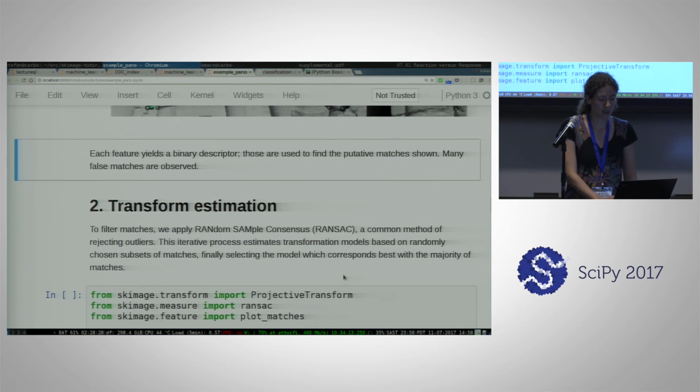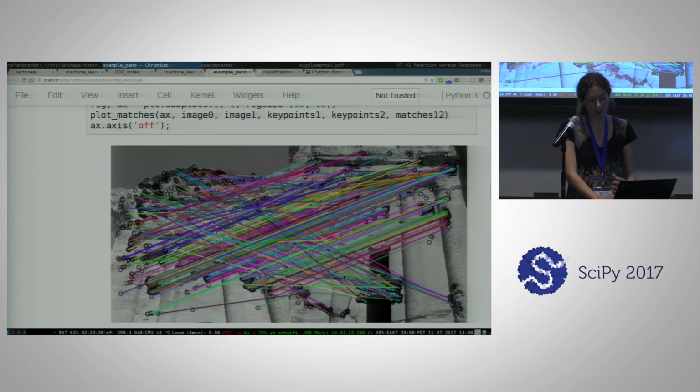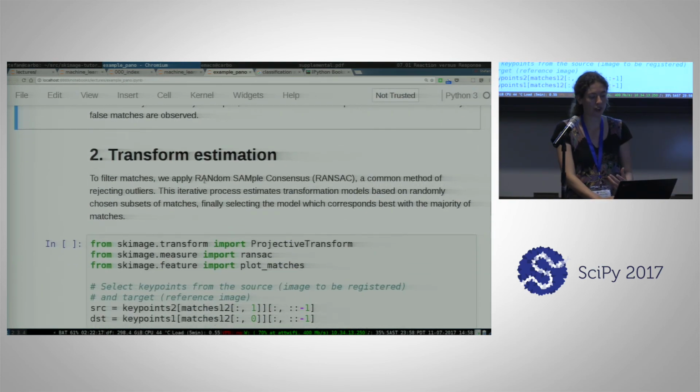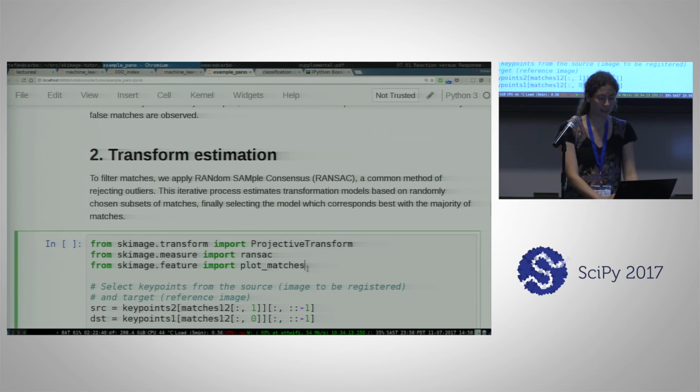And in order to estimate the best transformation between the two images to stitch them together, then we can use, once again, this RANSAC estimator that Stefan introduced for the shape of the sun, and that will find the best projective transform between the two images, and that will not use the outliers but only the inliers.